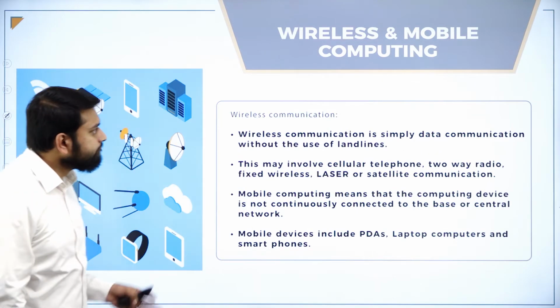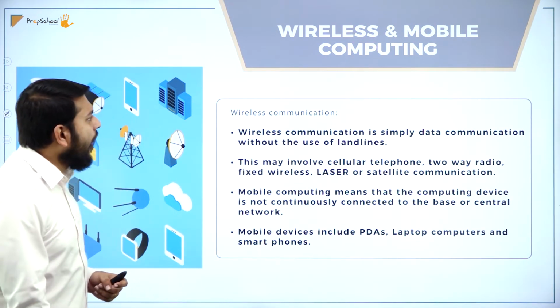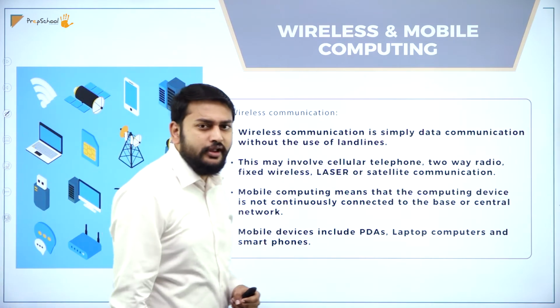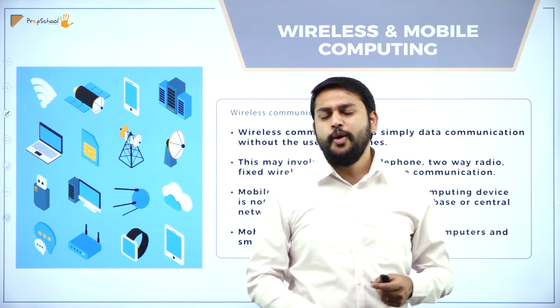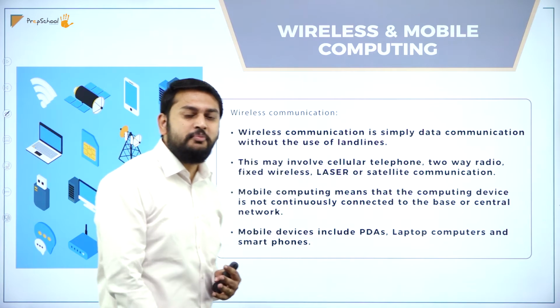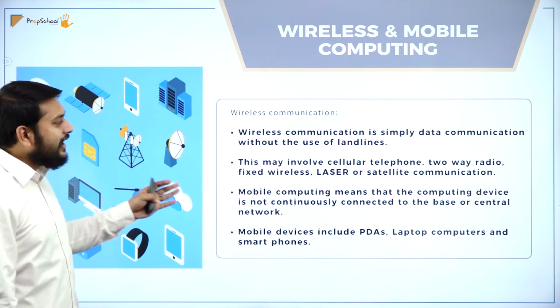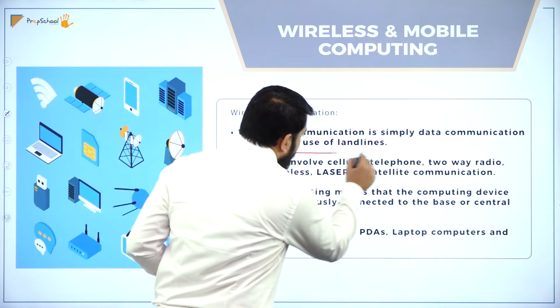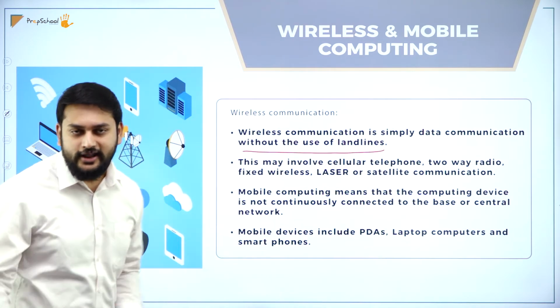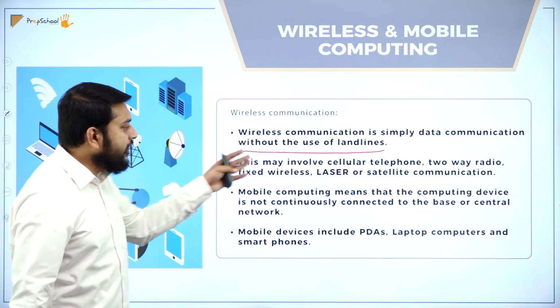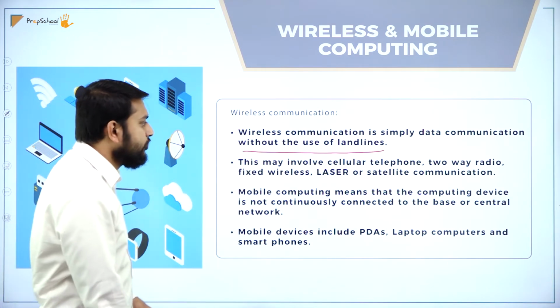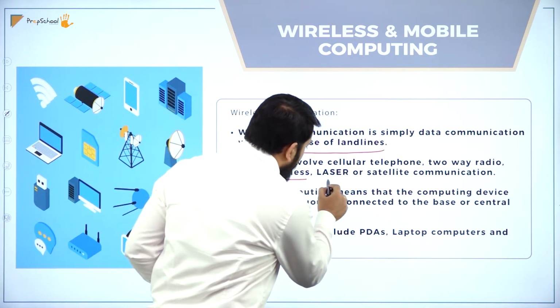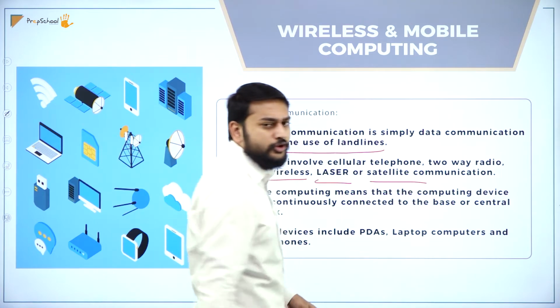Alright, the next one is wireless and mobile computing. I think all of you know about it. Let me not spend much time on this part. Wireless communication is a simple data communication without the use of landlines, which all of you already know. This may involve cellular telephones, two-way radios, fixed wireless, laser, satellite communication.